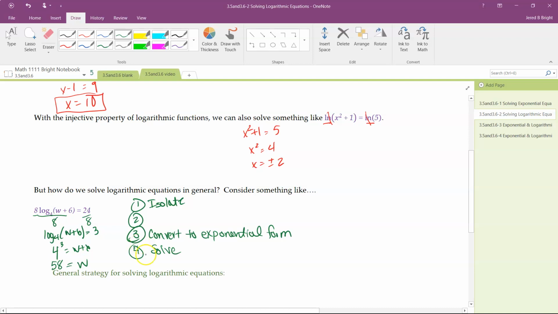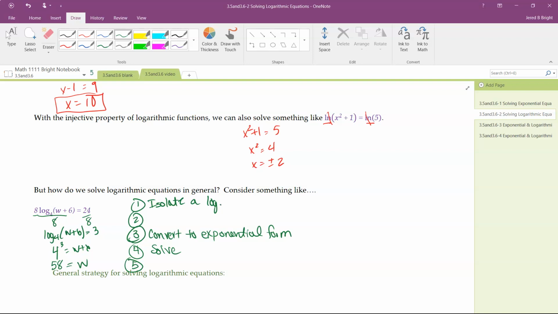Okay, and there actually is a step 5 here as well. Let me fill in the blank. So isolate a logarithm. And step 2, now we are going to see equations where we have multiple logarithms.